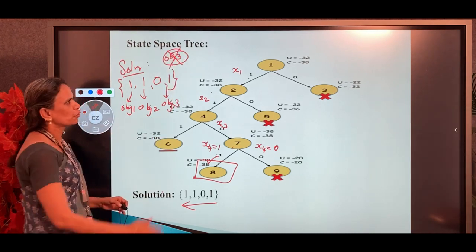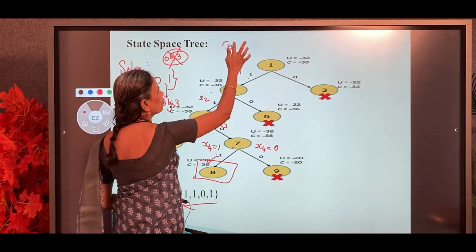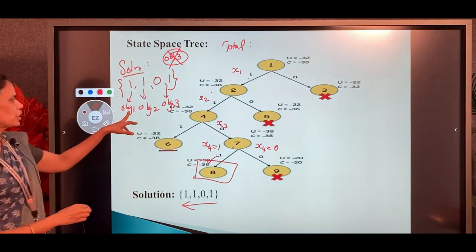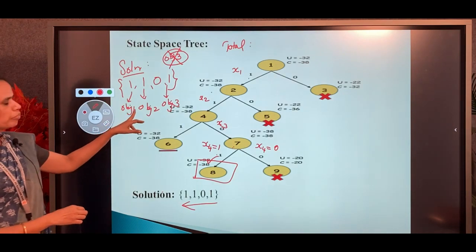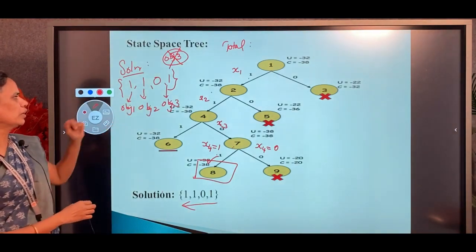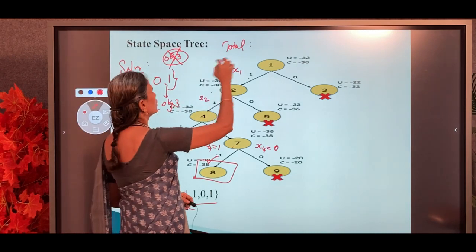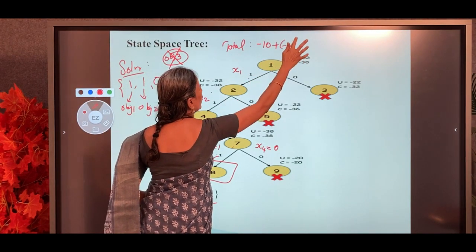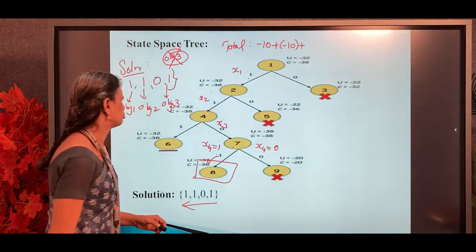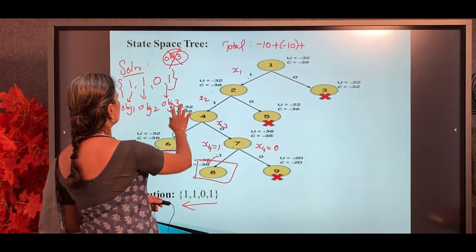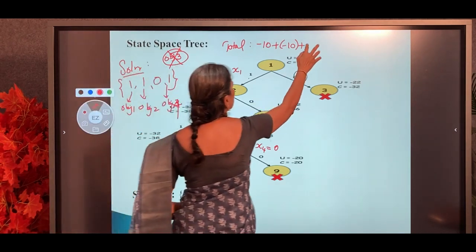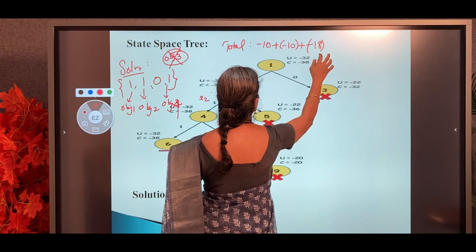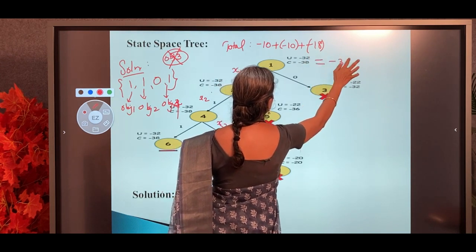So what is the profit? Total profit will be the profit of object 1 plus object 2 and object 4. Actually the profit of object 1 is minus 10, plus object 2 will be minus 10, and for object 4 minus 18. So final answer will be minus 38.